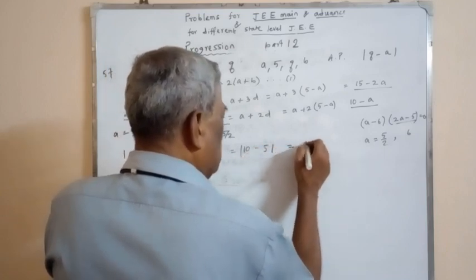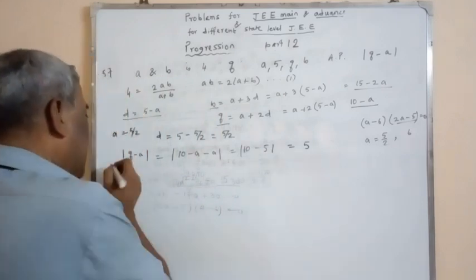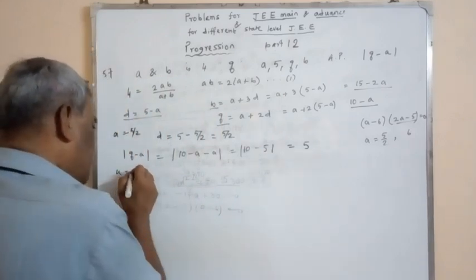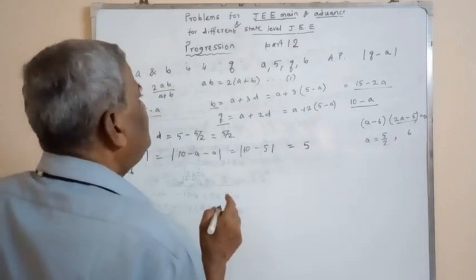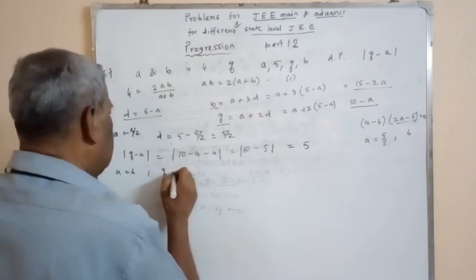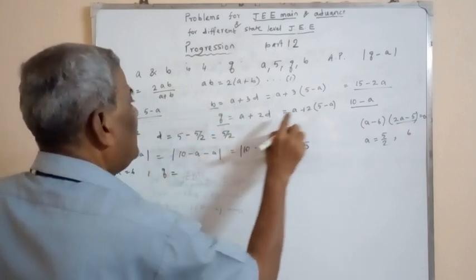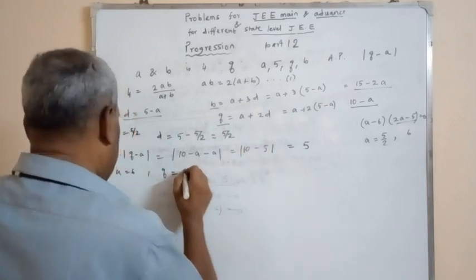So one possible value is 5. Now when a is equal to 6, q is equal to 10 minus a.